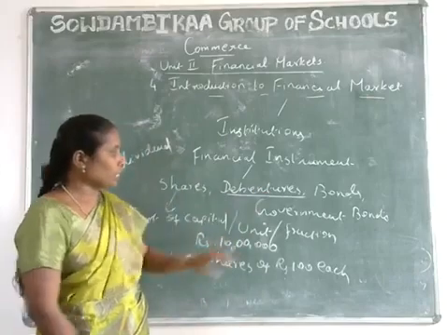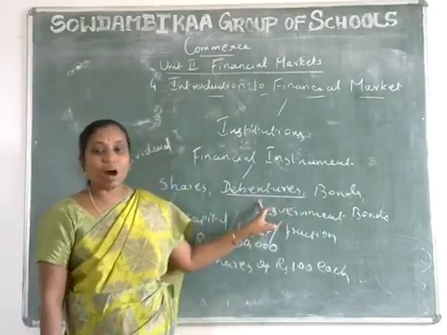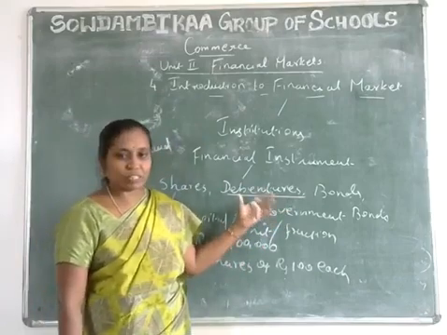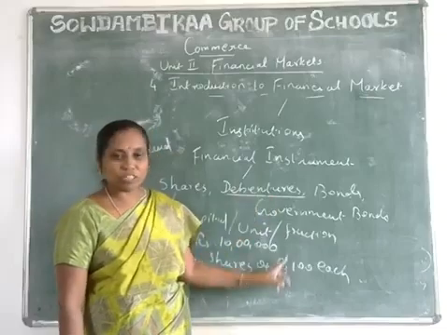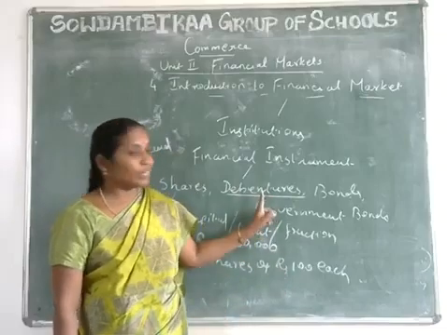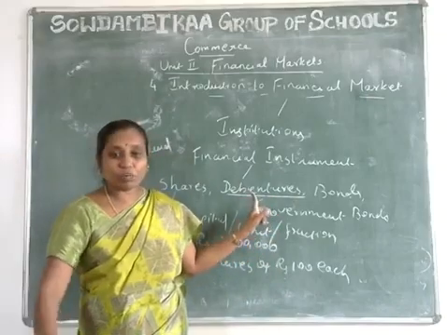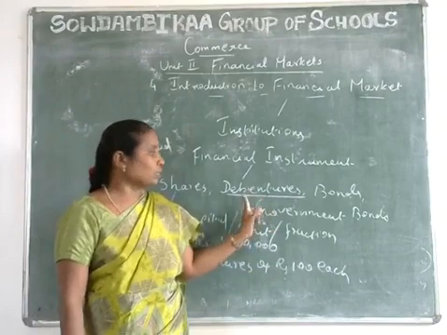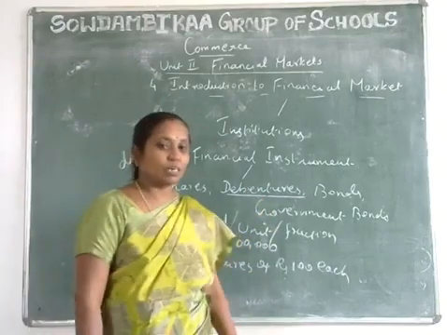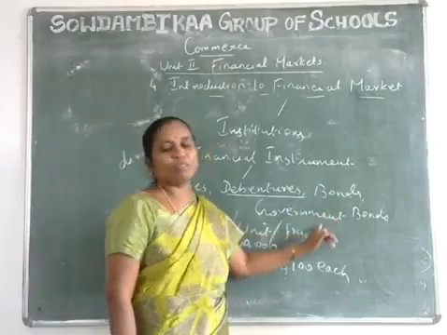Okay. What is the next one? Debentures. Debentures means a long-term loan bond. The persons who buy the debenture bond are called debenture holders. This is one of the debt documents. What is the benefit of the debenture holders? The debenture holders earn interest from the company. A bond is also one of the promissory notes.